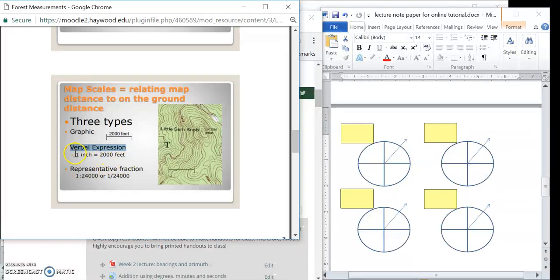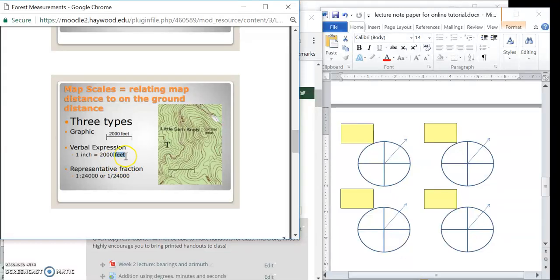in text. In this case, the verbal expression is just that. You're verbally expressing what that scale is, and so the map distance is on the left. The ground distance is on the right, and that relationship is established by the equal sign. Notice that I'm explicitly stating what map units I would measure in and what ground units they would represent.